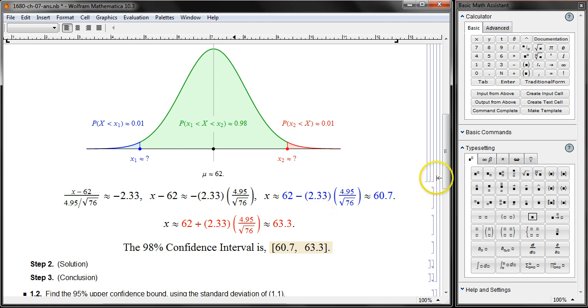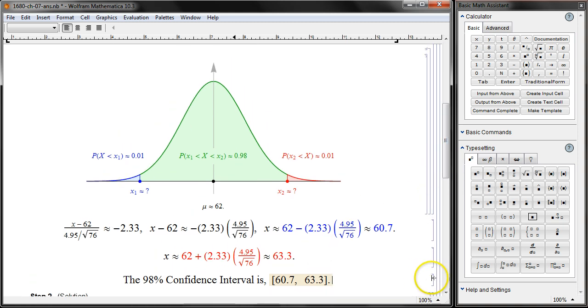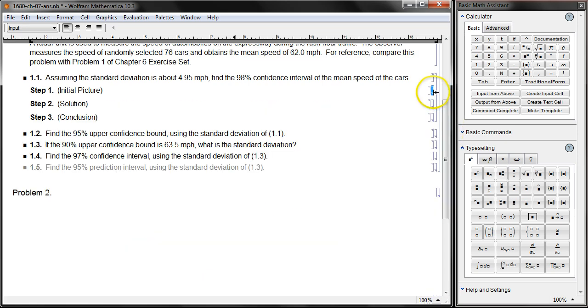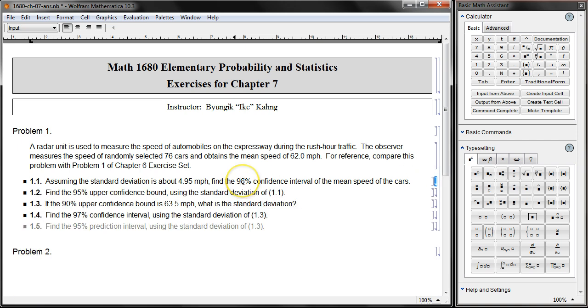We'll make this kind of conclusion. Okay, that was a quick review, really quick review for a modified problem. Instead of a 95% confidence interval, I've reviewed 1.1 using a 98% confidence interval. Okay, I reviewed it quickly, so let's move on to 1.2.